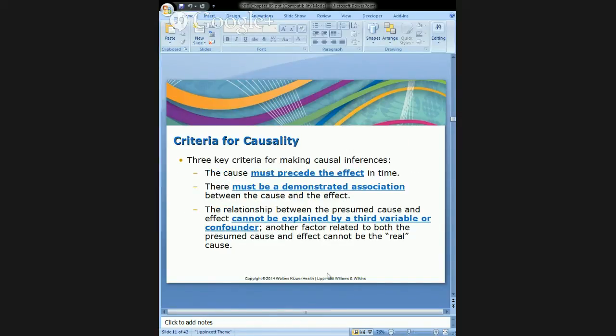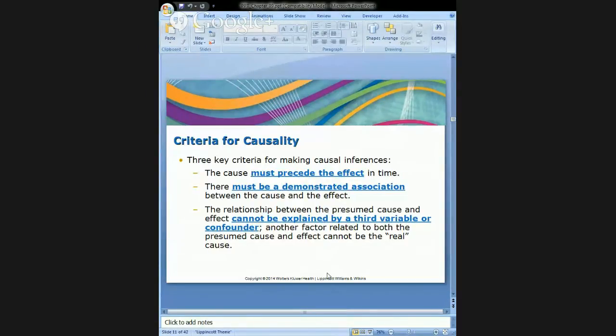So if we're looking at an experiment and we want to see that there's a cause-effect relationship, that your intervention leads to a particular outcome, or that manipulating one variable causes a difference in another variable, the independent variable, changing it affects the dependent variable, then there's a few criteria that we have to look for. The first of these is the cause must precede the effect.